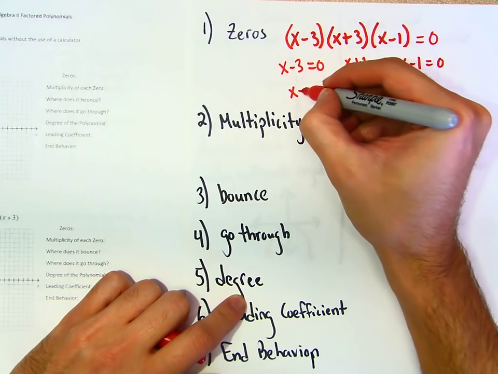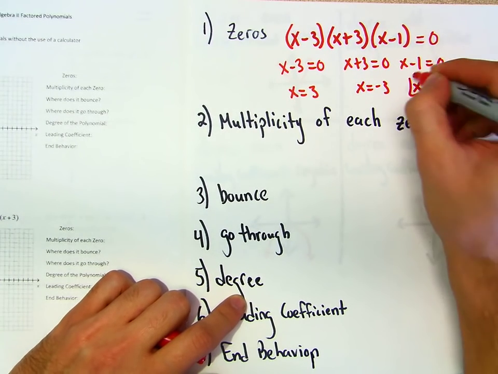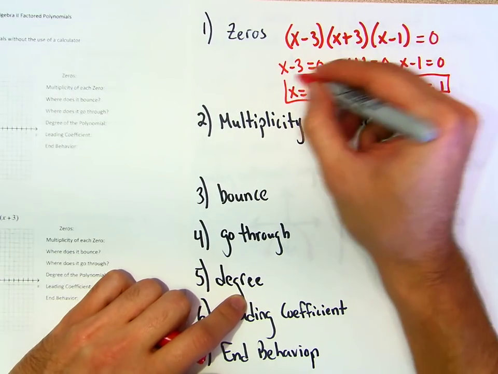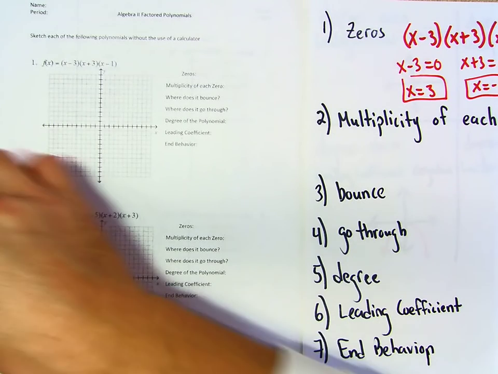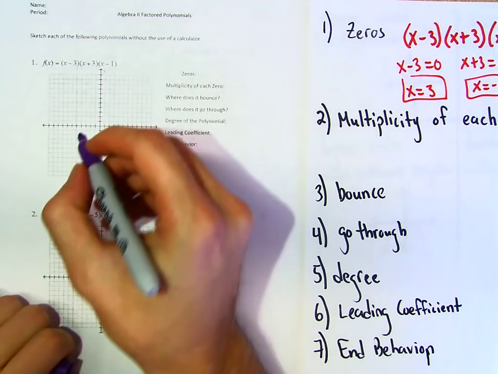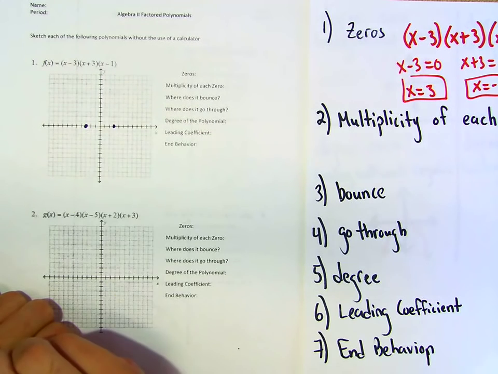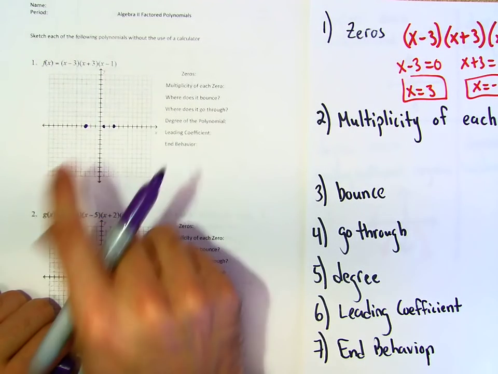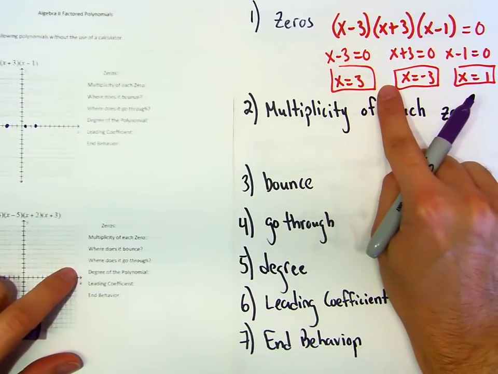So x is 3, x is minus 3, and x is 1. Easy peasy. When I graph this polynomial, I know that it has to hit 3, negative 3, and also 1, because they represent the zeros of the polynomial.